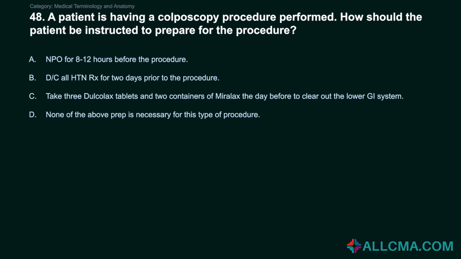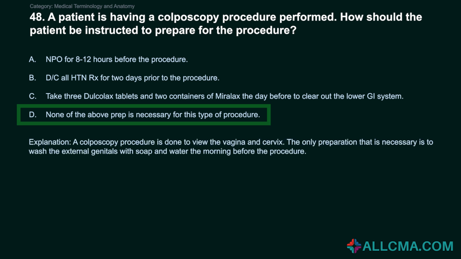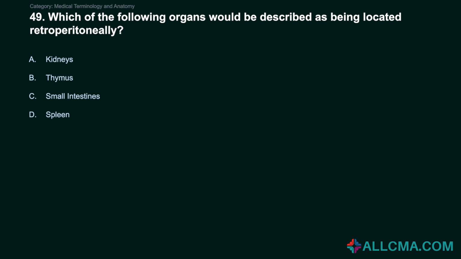D. None of the above prep is necessary for this type of procedure. Correct answer: D. A colposcopy procedure is done to view the vagina and cervix. The only preparation that is necessary is to wash the external genitals with soap and water the morning before the procedure.